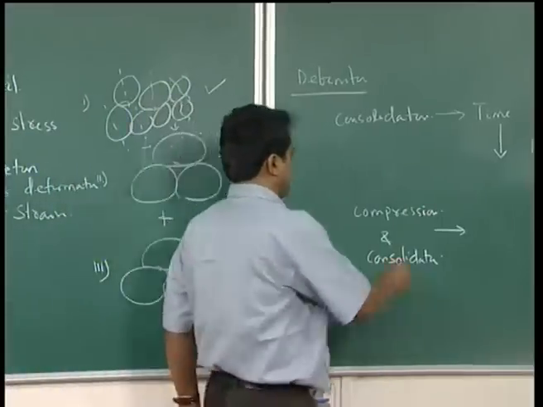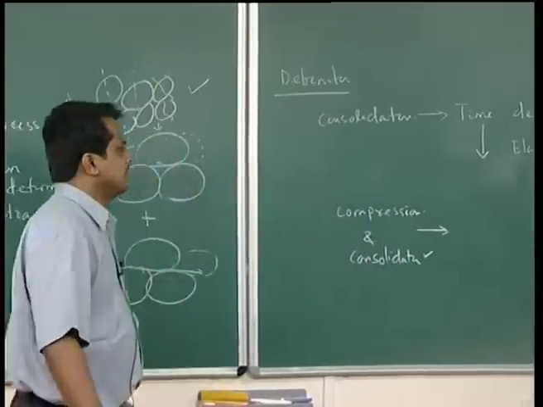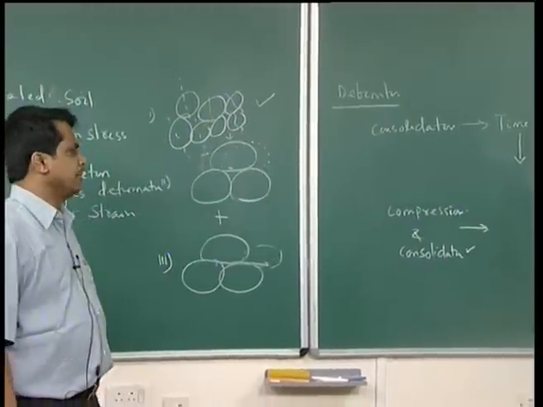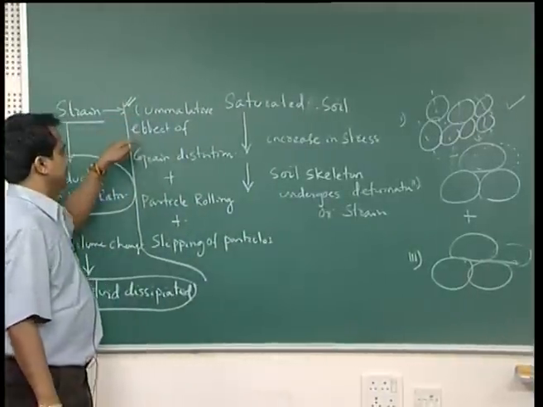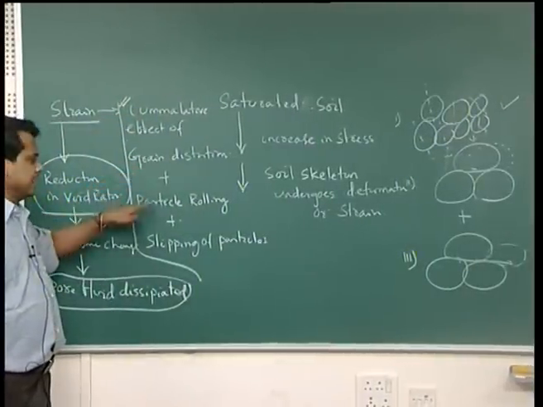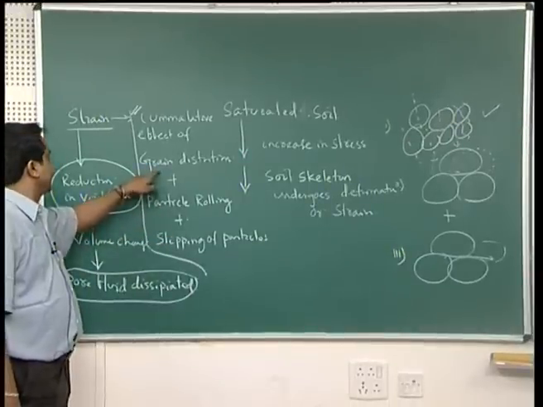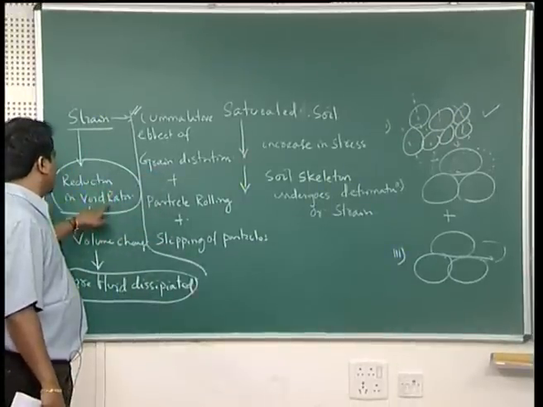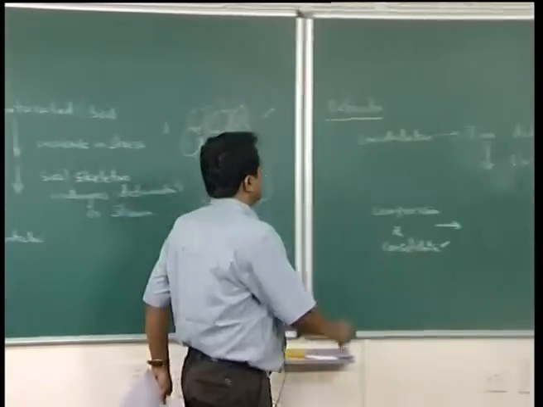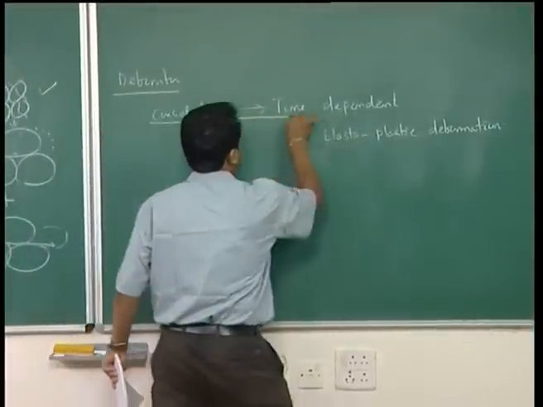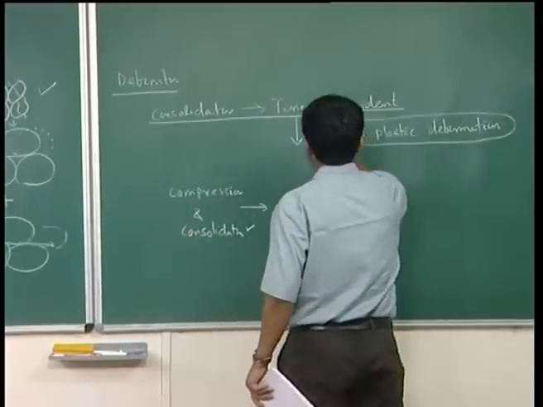In consolidation, it is a time dependent phenomenon, because all these cumulative effects, grain distortion, particle rolling, slipping, take time. Over a period of time the reduction in void ratio will occur, then volume change. So consolidation means the phenomenon is time dependent and its behavior is elastoplastic deformation.